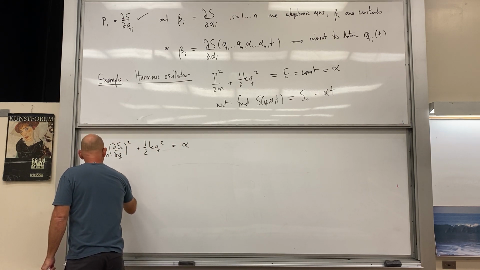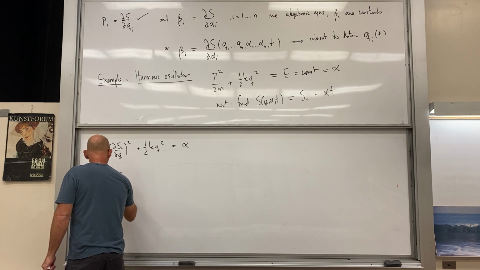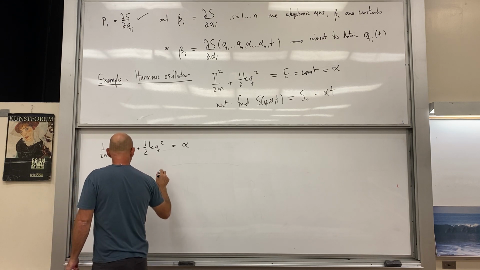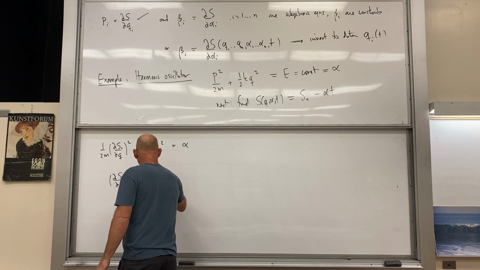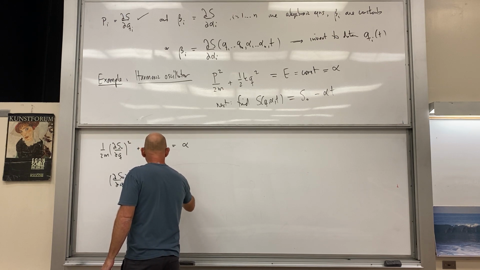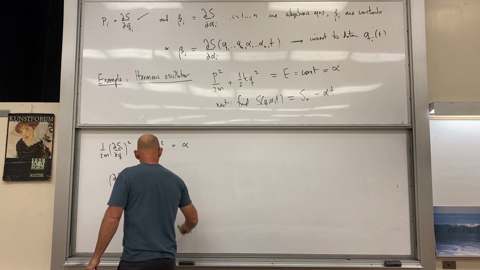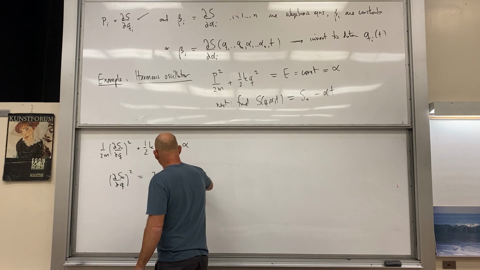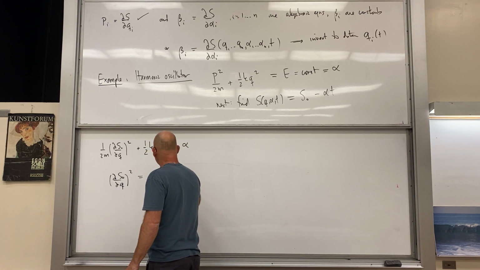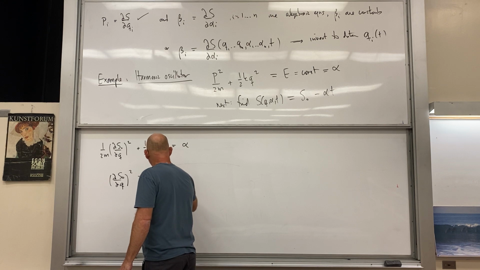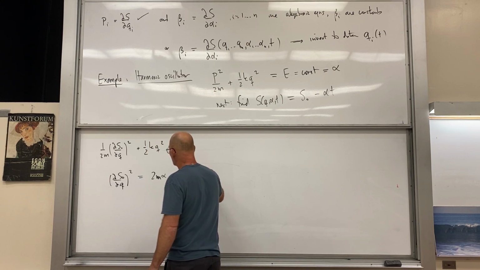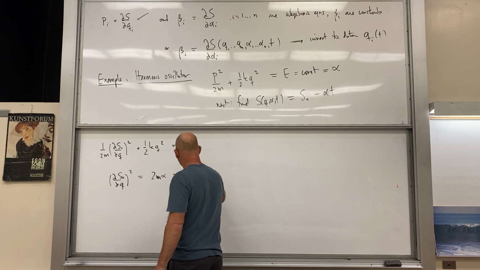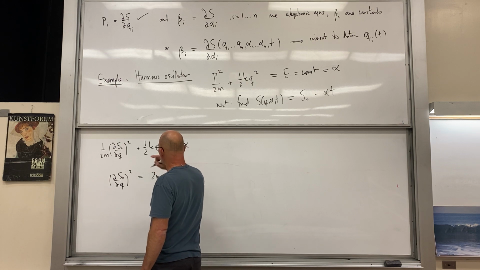So we have (dS naught/dq) squared is equal to 2m alpha. In fact, let's just go ahead and multiply this out like so. So 2m alpha minus kmq squared, because the 2's cancel.